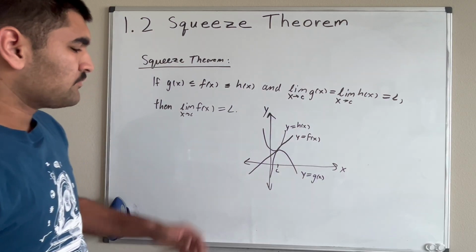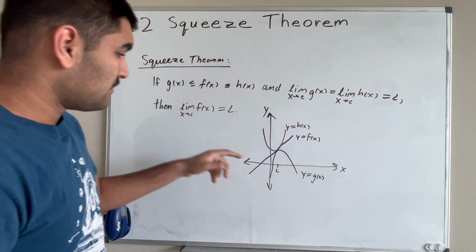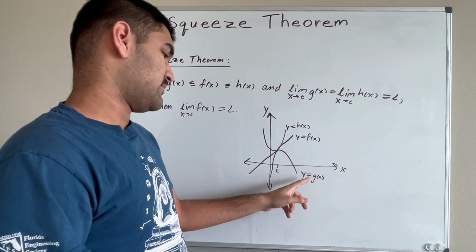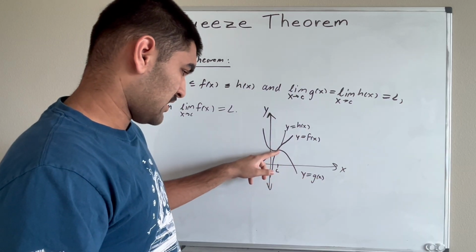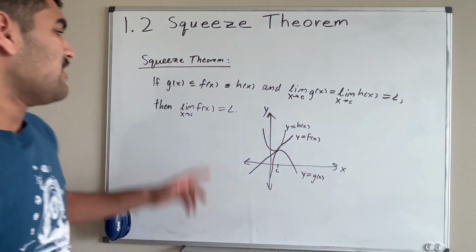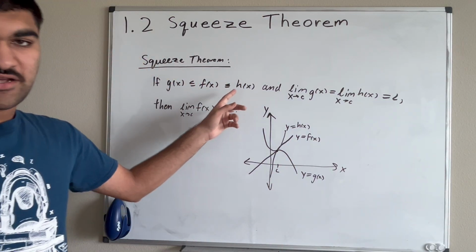So basically, the limit as x approaches c of h of x is equal to the limit as x approaches c of g of x, right? Because they both intersect at this common point right here.